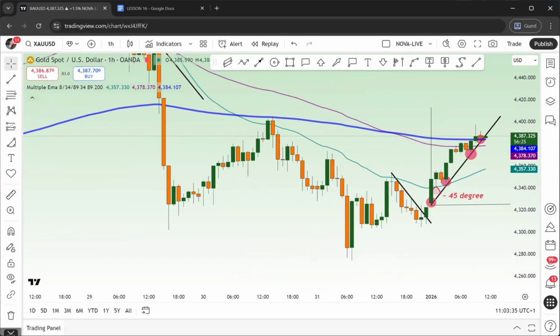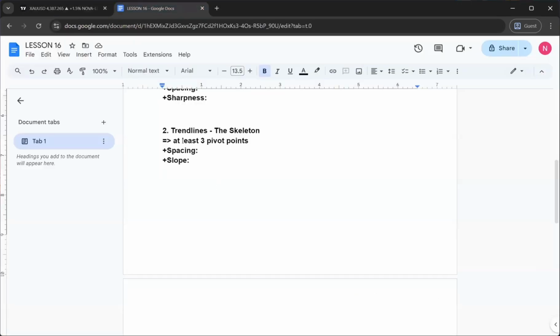These are the two factors related to trend lines that you can consider to tell which is stronger and more reliable when you do the analysis.